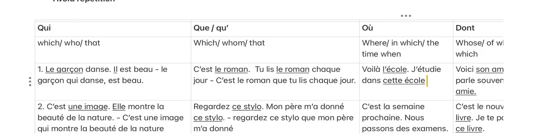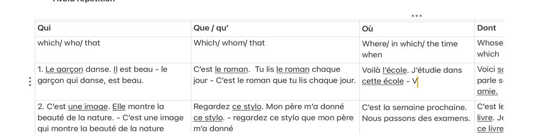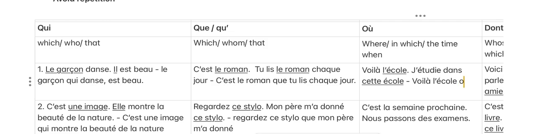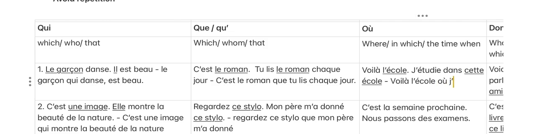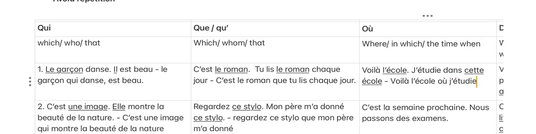Let's see how. Voilà l'école où j'étudie. Voilà l'école où j'étudie. Here is the school where I study. Moving on to the next example.